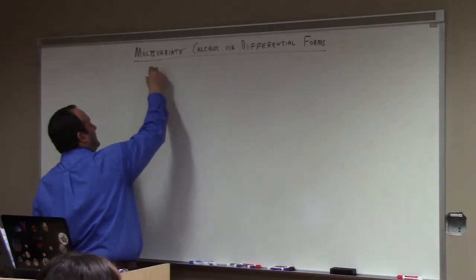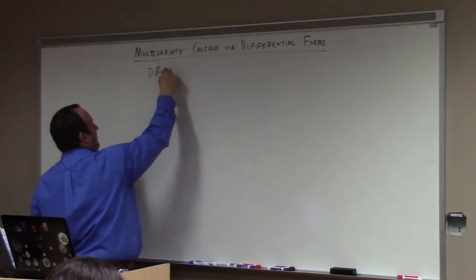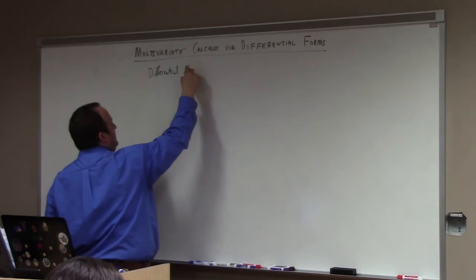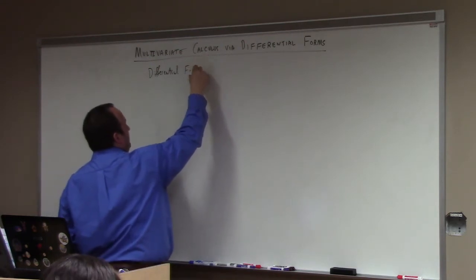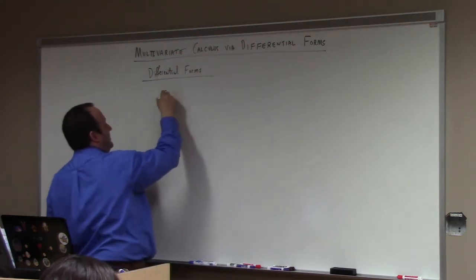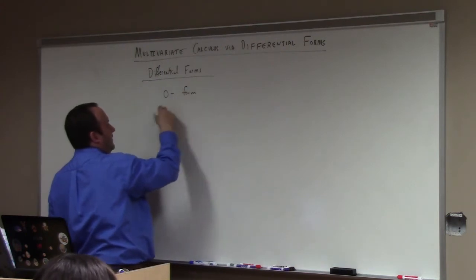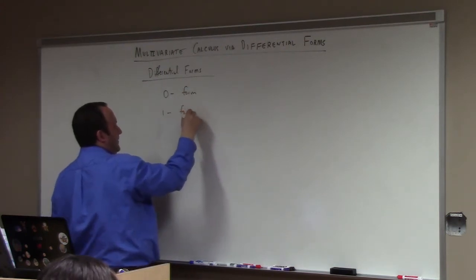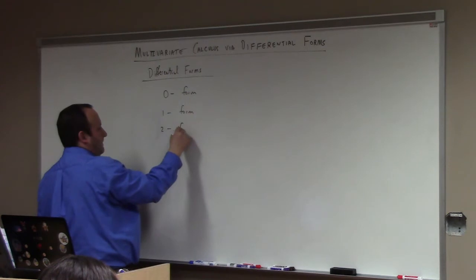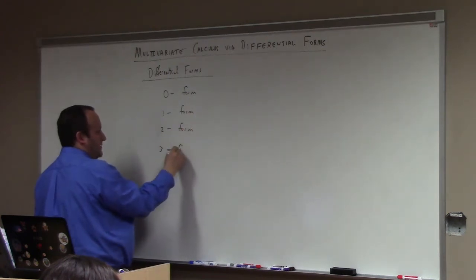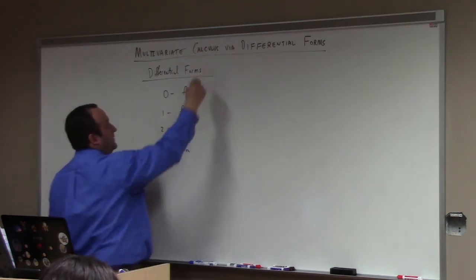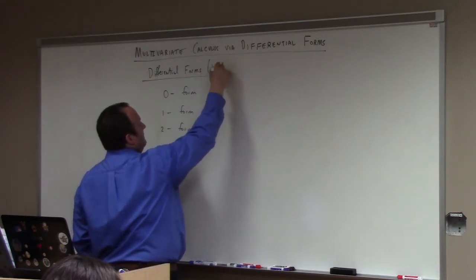So let me talk about them. What are differential forms? Again, this is a way to do calculus in general. You can talk about 0 forms, 1 forms, 2 forms, and 3 forms. I'm going to talk mostly about R3.